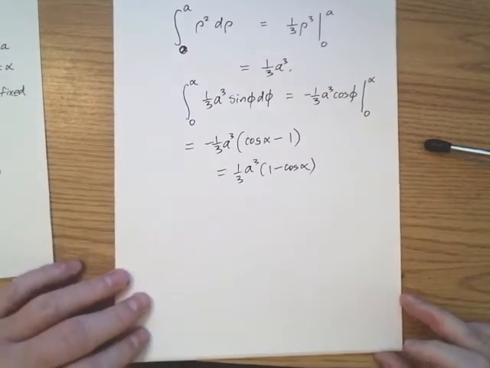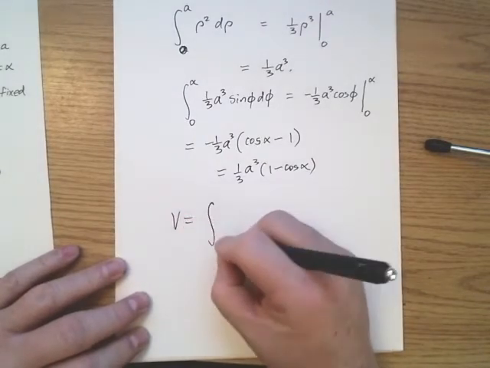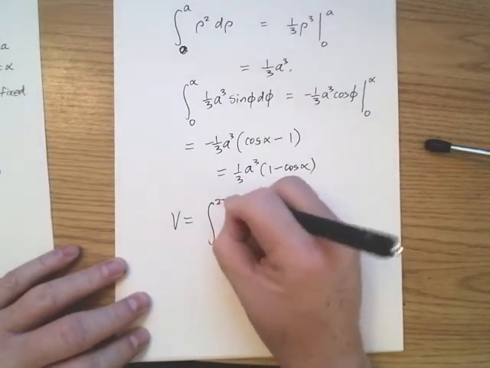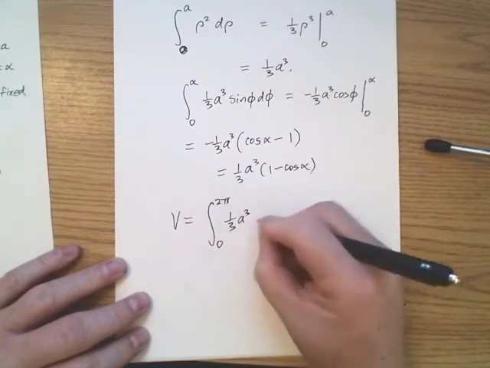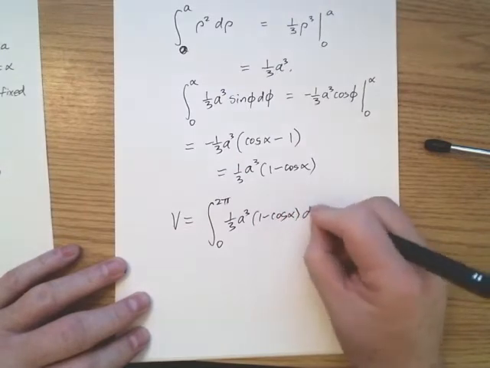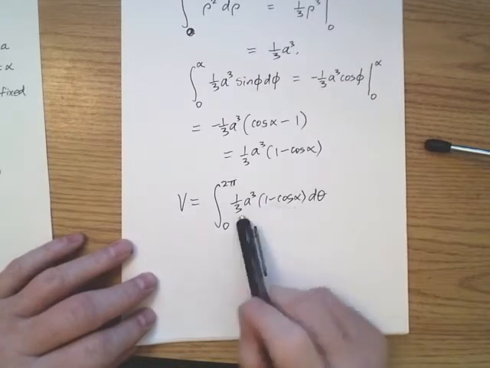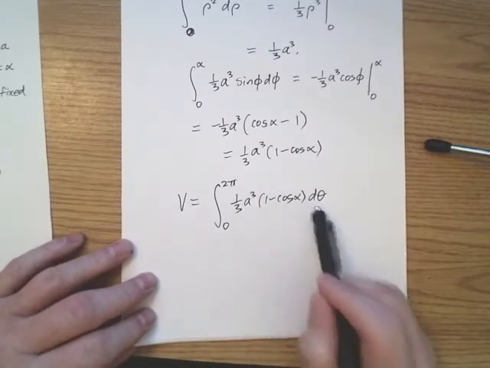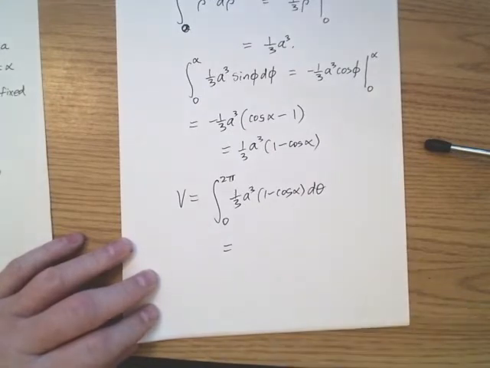Okay, and finally make a statement about our volume. We're integrating from 0 to 2 pi, 1/3 A cubed, 1 minus cosine alpha d theta. Now, again, these have no dependence whatsoever. These are constants, right? No dependence on theta. This is so easy. You can do this in your head.